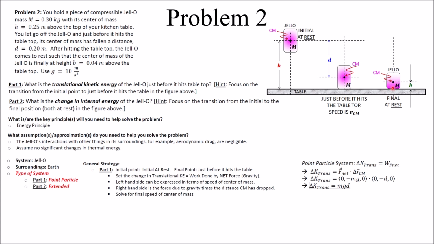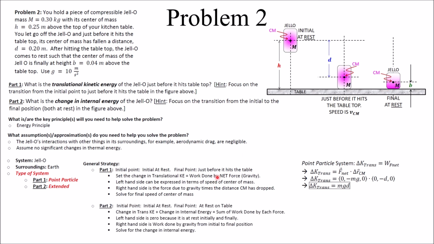But now we're going to look at this collision and the internal energy change. So we'll use this idea of an extended system. For part 2, we'll have the change in kinetic energy plus the change in internal energy equal to the sum of the work done by each force.